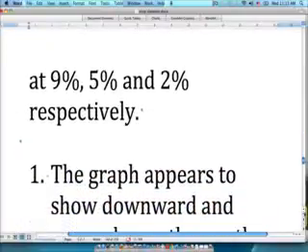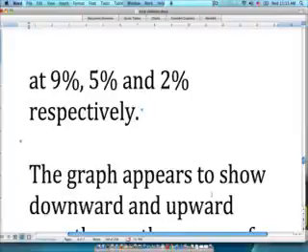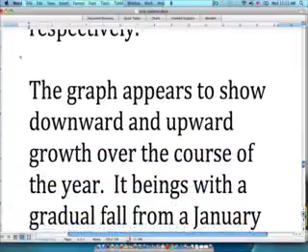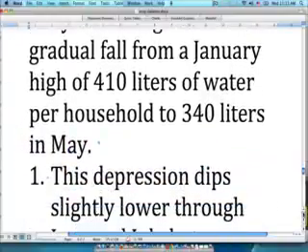Okay, now we get into our third paragraph, talking about the graph that we are shown. The graph appears to show downward and upward growth over the course of the year. It begins with a gradual fall from a January high of 410 liters of water per household to 340 liters in May.